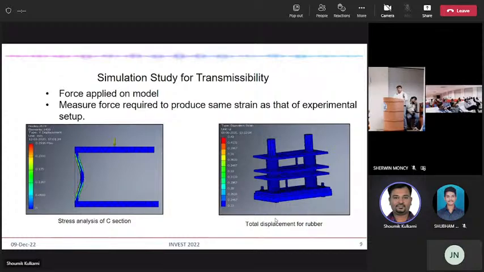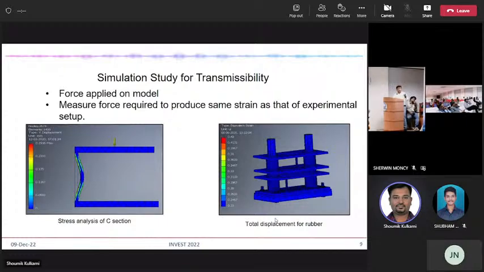In the first left section, you can see where on the web of the C section we get the maximum strain, so we put our strain gauge circuit on this web on both sides. The other purpose of simulation was to check which orientation of C section will provide more strain, so as to get more accurate results.